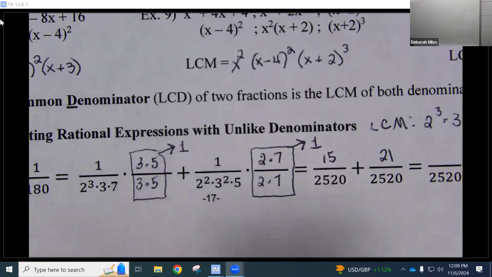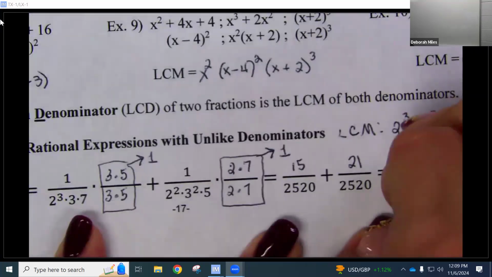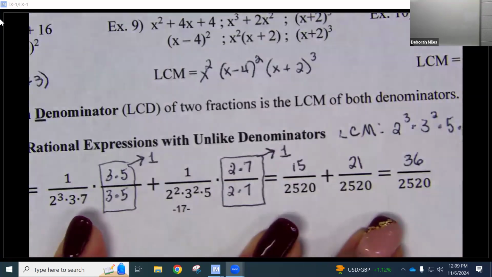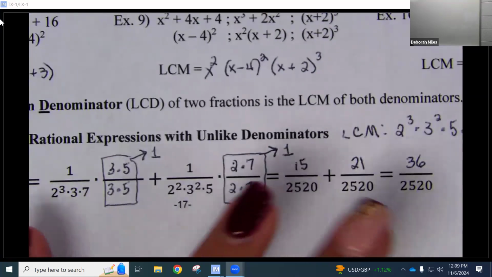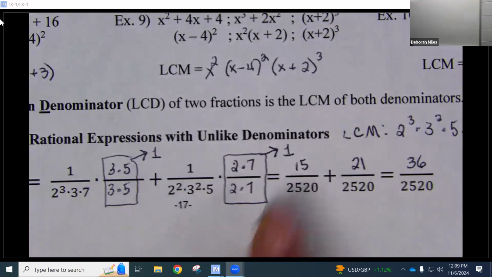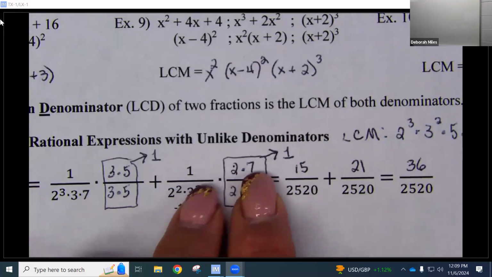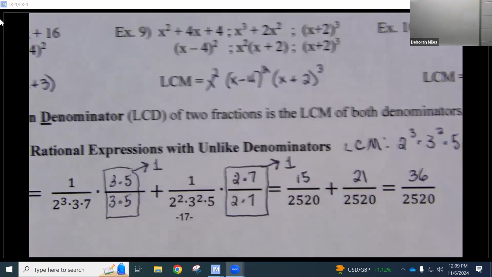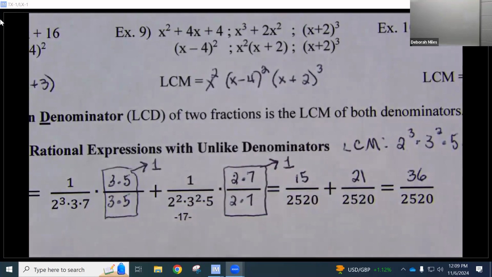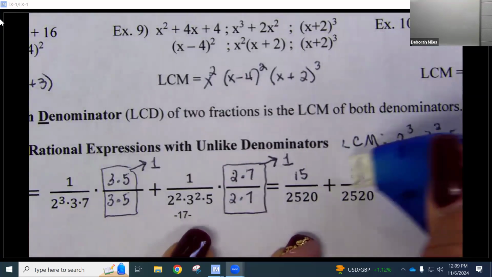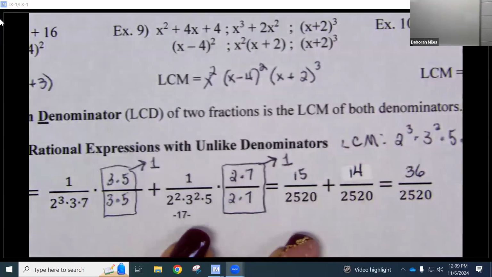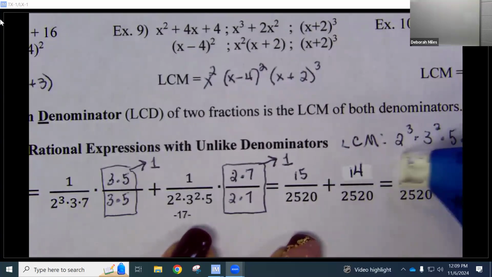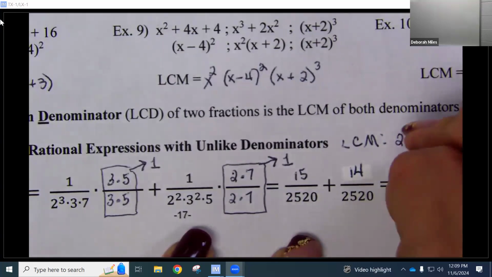And once you have the same denominator, you can add the numerators and keep the same denominator and then reduce it. How'd you get 21 again? How did I get? I don't know. Thank you. I don't know what I was thinking. 2 times 7 is not 21, it's 14. Thank you, Chloe.